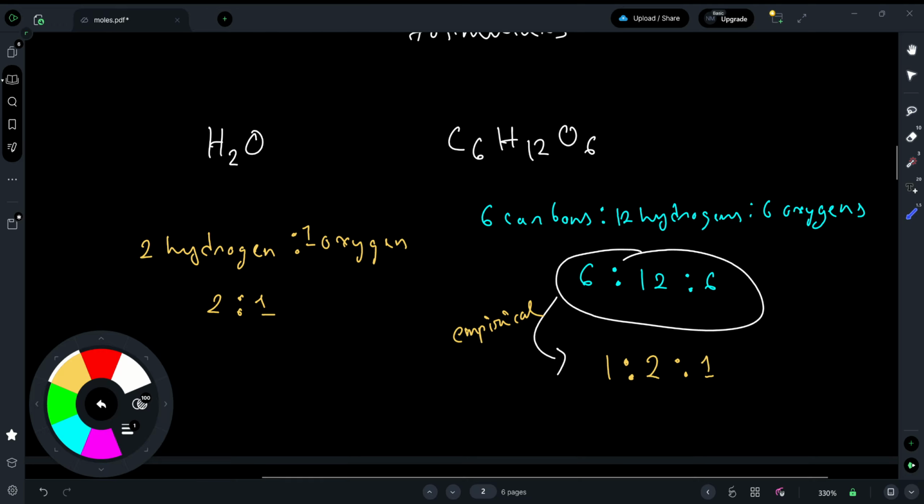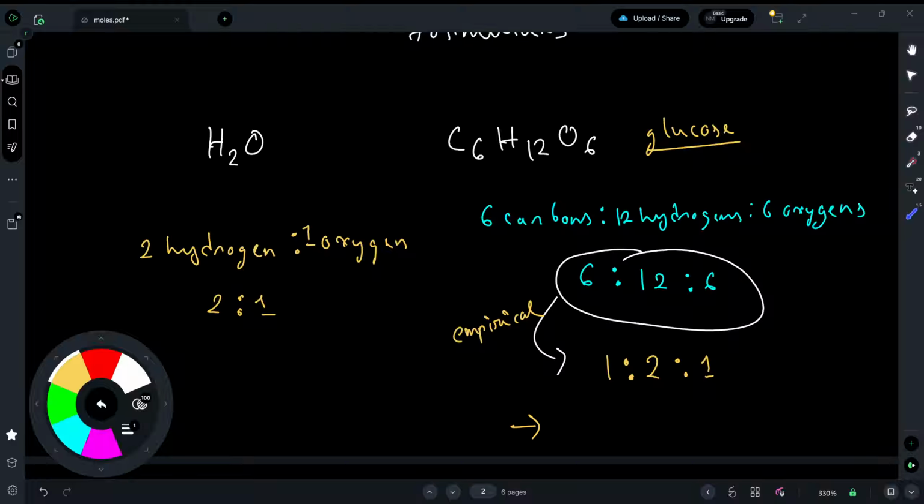So the empirical formula for glucose is CH2O, and since the carbon is 1, I'm not going to write it. So empirical formula is just the ratio of atoms present in the molecular formula, simplified.